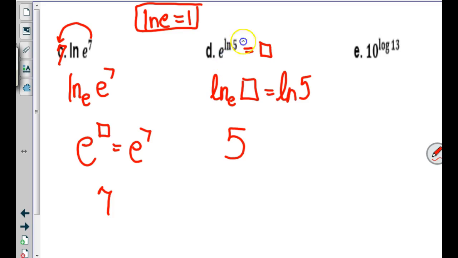I could put this on a quiz and just write e to the ln of 3x, and you have to know the property, because it's not going to work on the calculator as long as it's got an x in it. All right, this is the same idea, guys. Base 10 and log undo each other, so the answer here is 13. Same as they did here. Base e and ln undid each other, and we got 5.